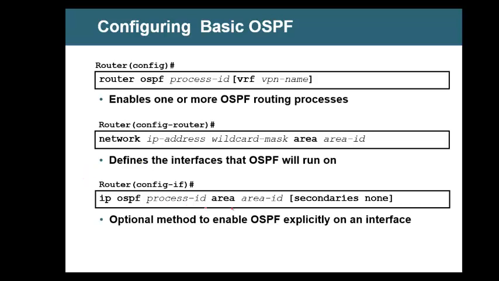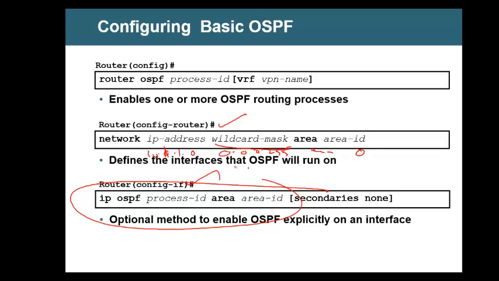The advantage of this is you don't need to write the wildcard mask. Whatever the mask that is already prescribed by you will be taken as the subnet mask. Here this will use the wildcard mask that you mentioned, like 10.1.1.0 0.0.0.255 area 0.